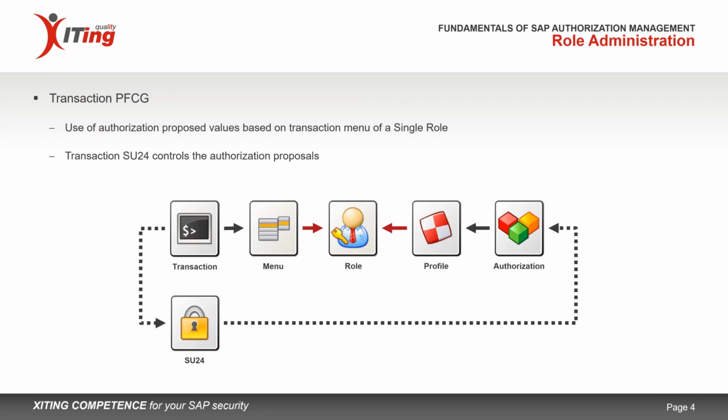So the first thing we need to talk about, just again a rehash, is the profile generator. That's the main area where all the role redesign happens, and SU24 is the backbone to that. A good role design of any kind, whether you use composite roles or task-based roles or single roles, which is the best practice, really needs to start with a good, strong SU24.